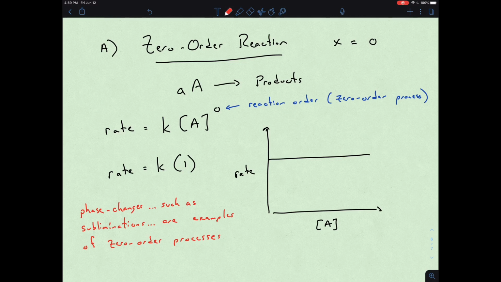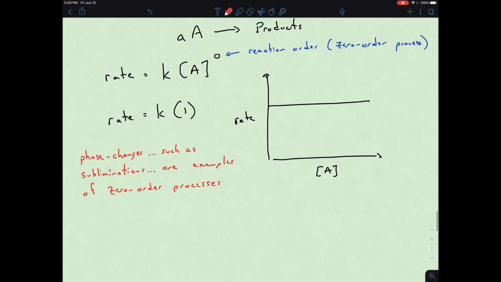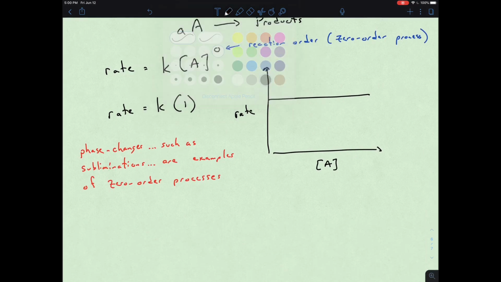And there are many types of rates, or many types of orders of reaction. We tend to focus on 3 of them: 0 order, first order, and second order.